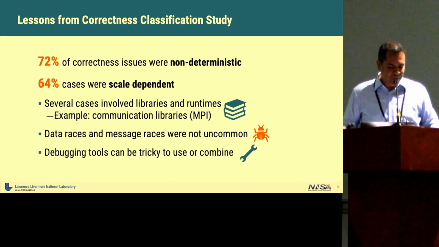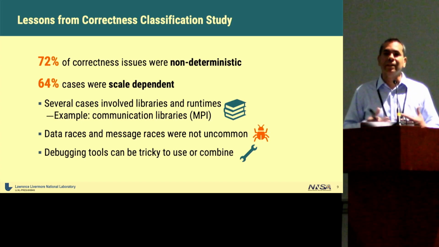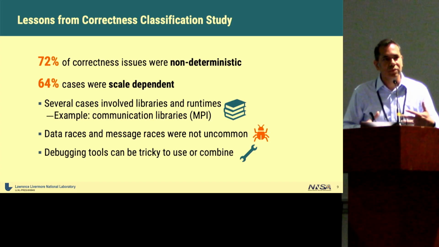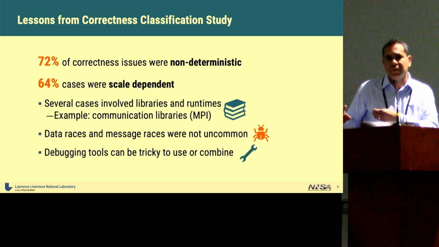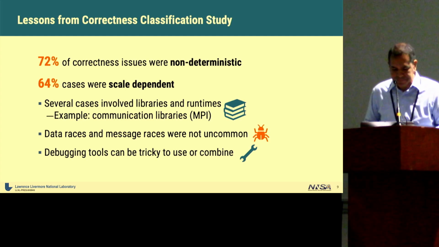And the other thing we found is that debugging tools can sometimes be tricky to use and tricky to combine. Actually, when we have to deal with these large correctness problems, we have to combine debugging tools or correctness tools, but they are sometimes difficult to combine. When you use one tool, that will interfere with the second one and so on, so it's very tricky.